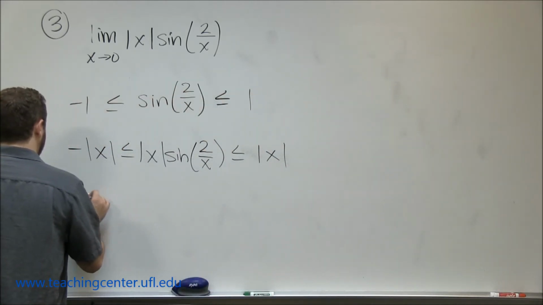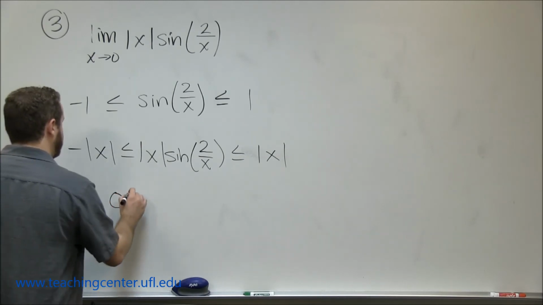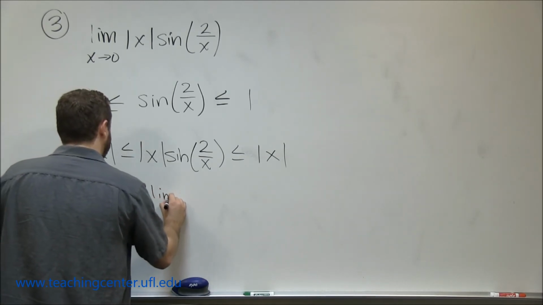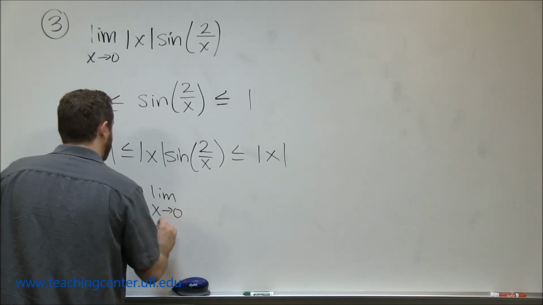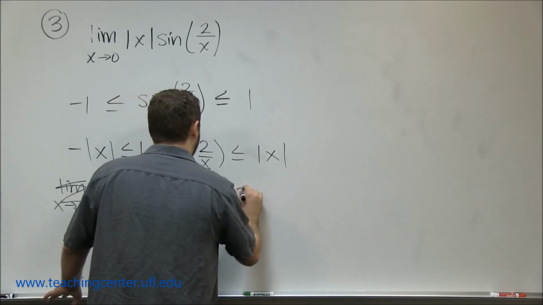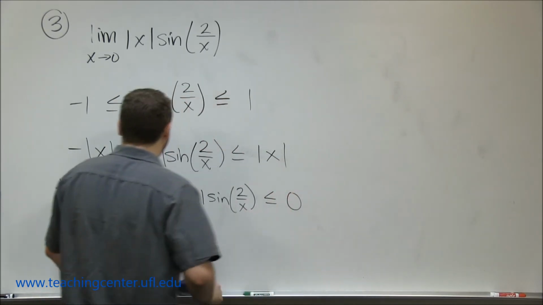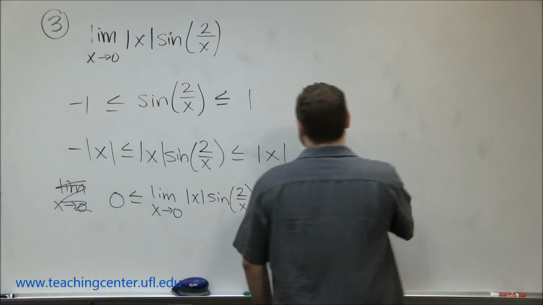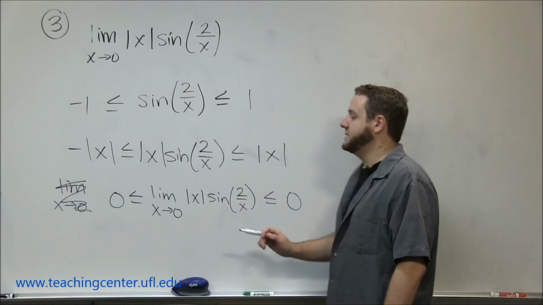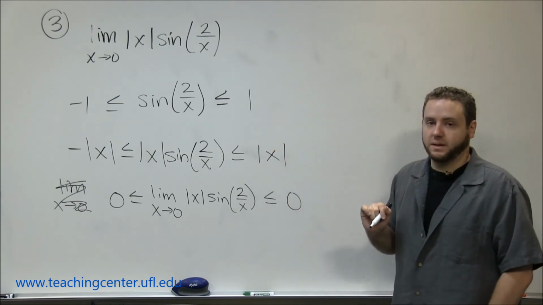So our next part of our inequality then becomes this. To go from this line to this line, what we did is we took the limit as x approaches 0 of every part of that inequality.